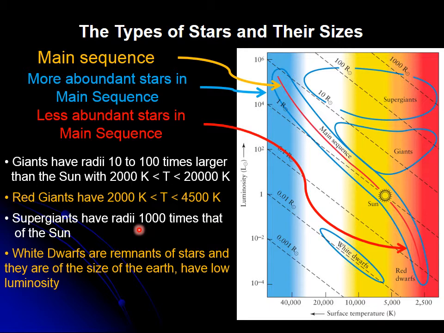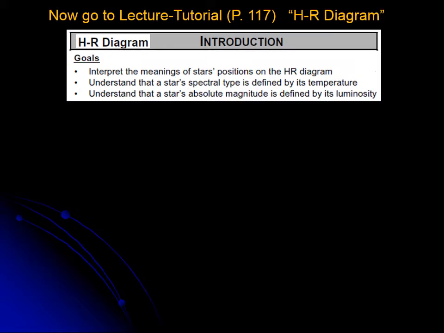The supergiants can be up to 1,000 times larger than the radius of the sun, and the white dwarfs, which turn out to be remnants of stars, are about the size of the Earth and have very low luminosity.